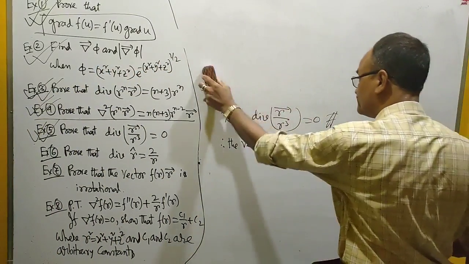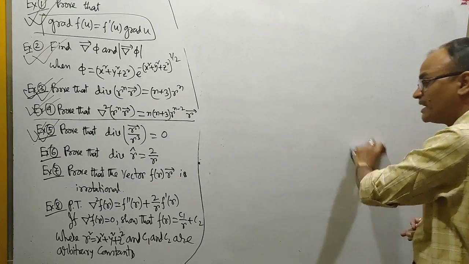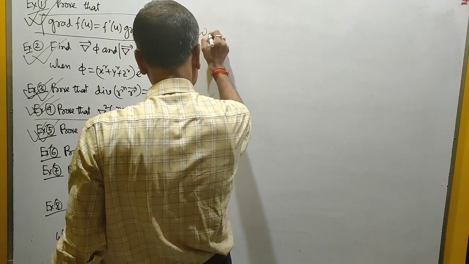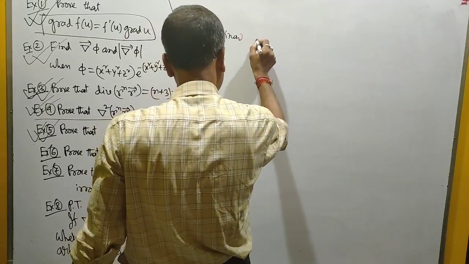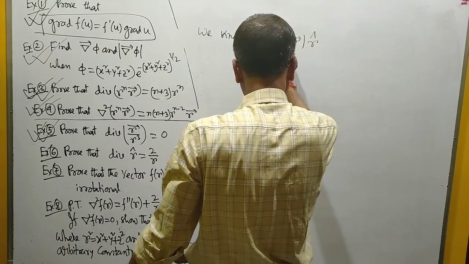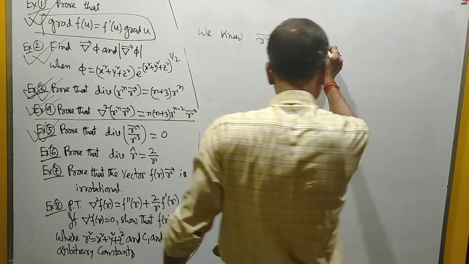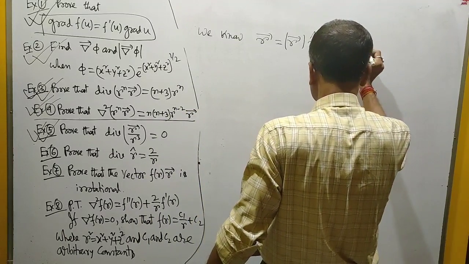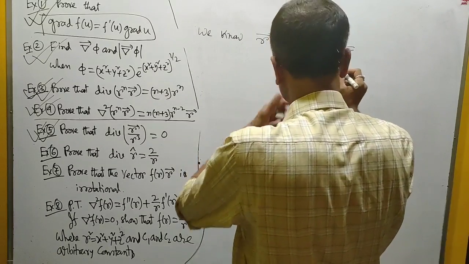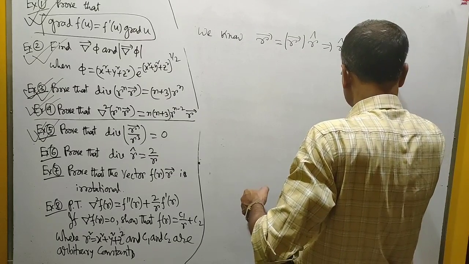Let me first remove this. Divergence of r cap equal to 2 by r. We know any vector equals the magnitude of this vector times the unit vector along its direction. This means the unit vector equals r vector divided by magnitude r.